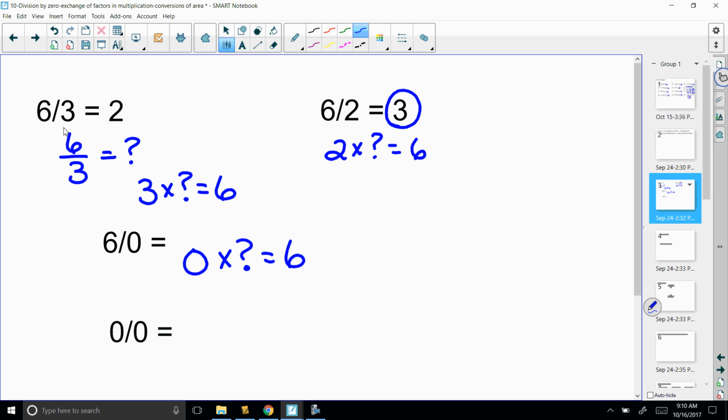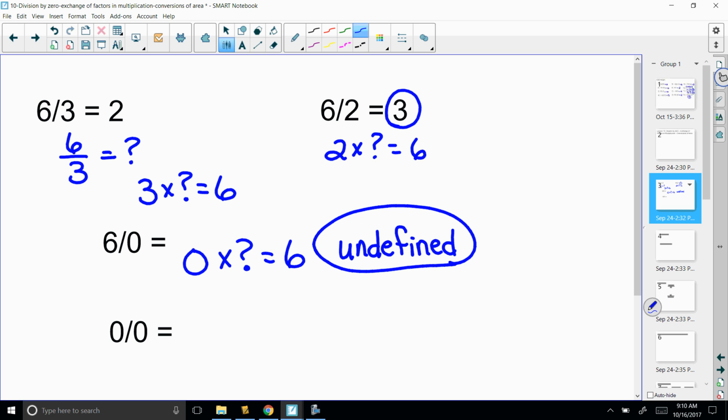So is there any value that when I take it times 0, I get a product of 6? No, there is no answer. So this is what we refer to as undefined. We can't define it because it doesn't exist. It can't happen. So since it can't happen, it's known as undefined.